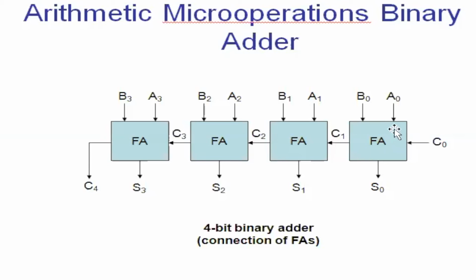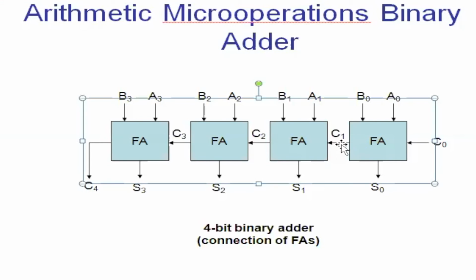And every full adder is going to give a carry. This carry will be either 0 or 1, and will be fed to the next full adder. So every full adder adds 3 digits: A, B, and a carry. And every full adder is going to produce 2 things: sum and carry. Sum will be produced here, and carry will be given to the next full adder.